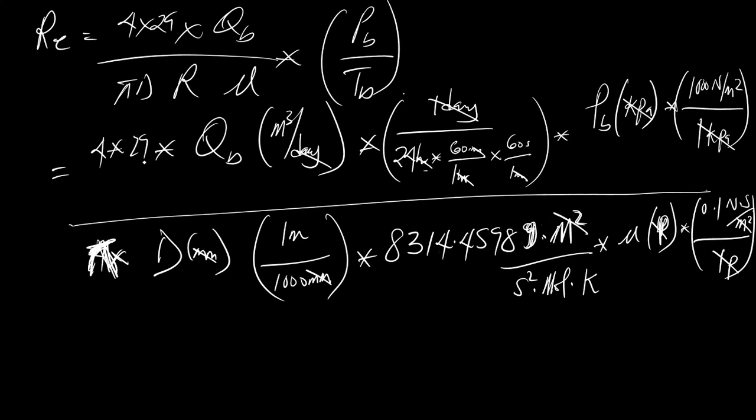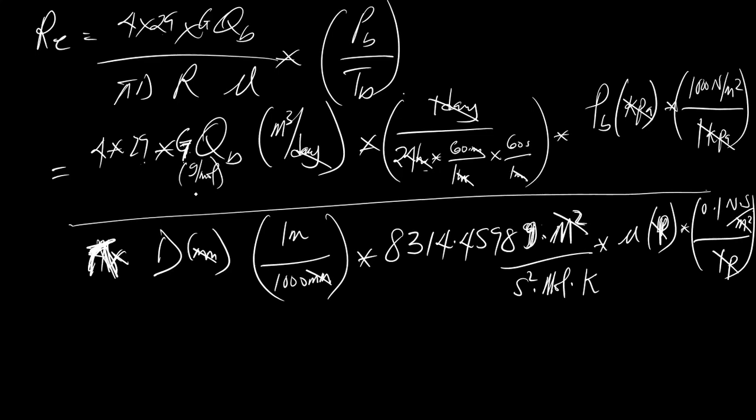Now this is 29. So we have 29 G per mole.